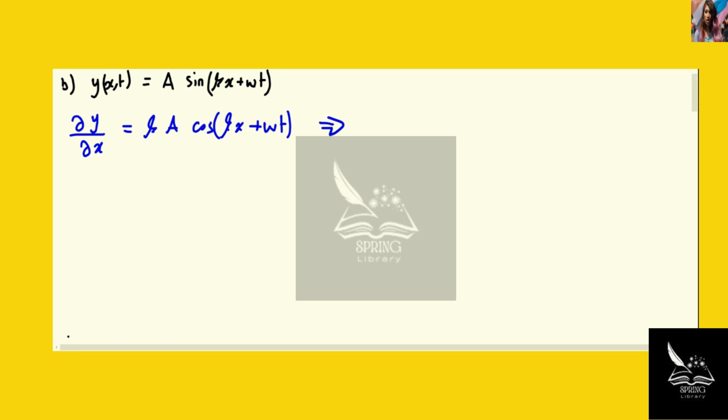And from this, the second derivative is minus k squared a sine(kx plus omega t), which is equal to minus k squared y of x and t. So this is again the original wave function.